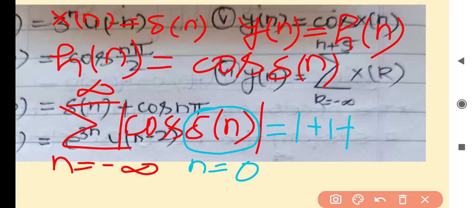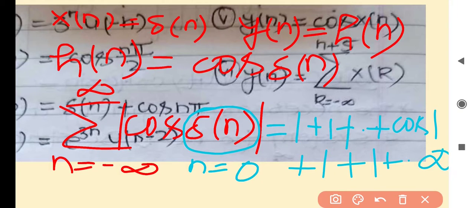So it will become 1 plus 1 plus 1 for the non-zero values of n, and when n is 0, it will become cos 1, and again it will become plus 1 plus 1 till the infinite.